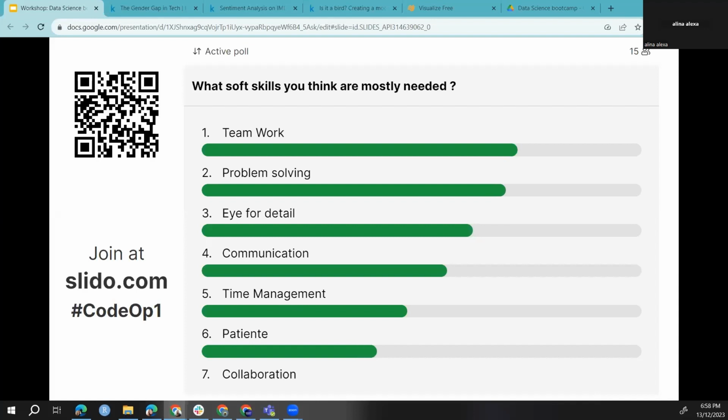We need to kind of translate to each other. They need to translate to me what they need in terms of analyzing the data or predicting. And I need to translate to them what I need from them to be able to do so. But good job, you guys put in, well, teamwork and collaboration are the same, so yeah, good.